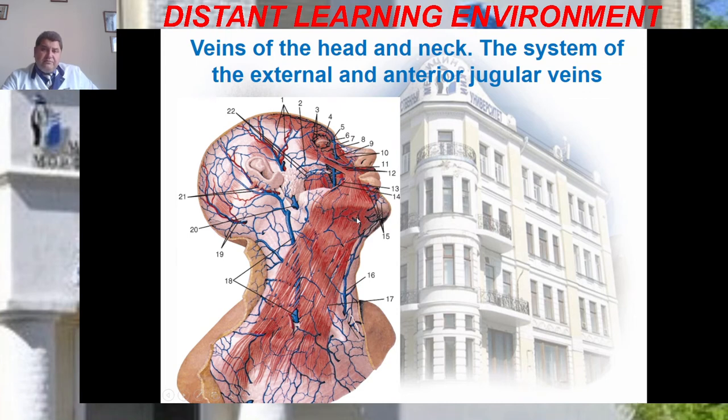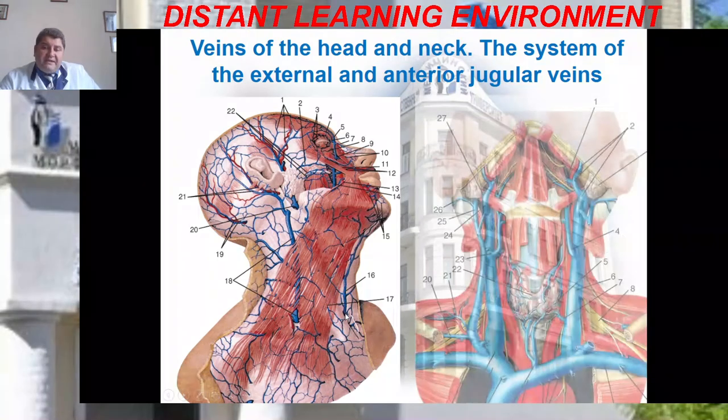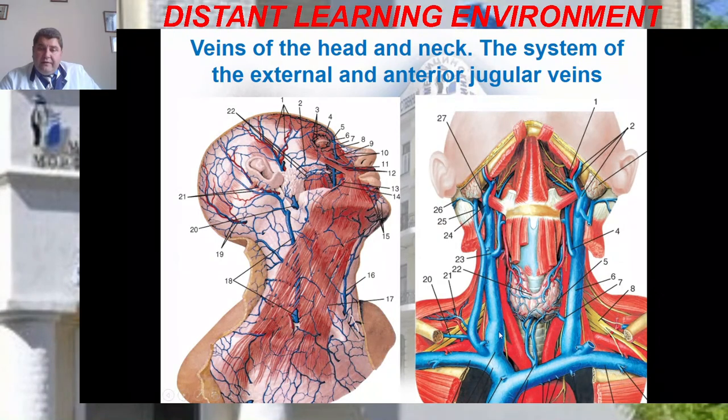The anterior jugular vein is formed at the anterior part of the mental region, and it passes downward, and its branches take blood from the anterior part of the neck. It also perforates the proper fascia of the cervix, and also passes into the angle between the internal jugular vein and the subclavian vein.